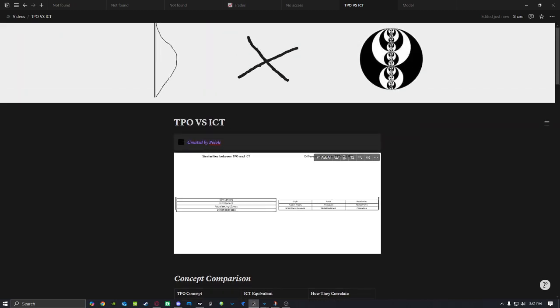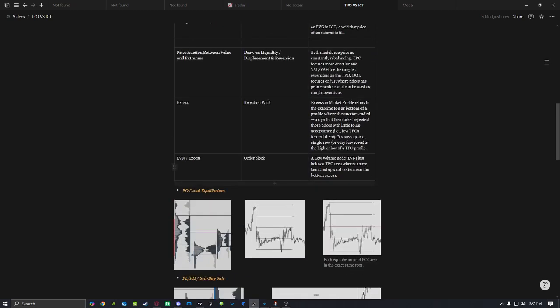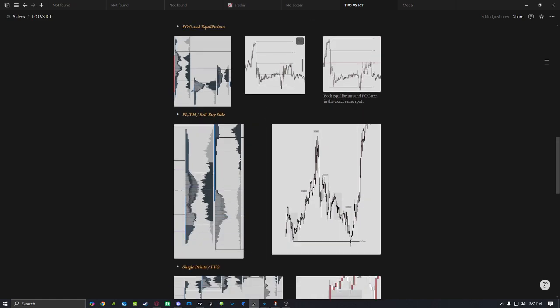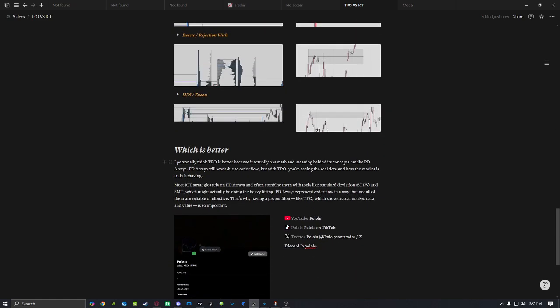So this is very simple ICT, very simple TPO concepts, and this is just the very beginning. Which is better? I personally think TPO is better because it has math and meaning behind its concept. PD arrays still work due to order flow, but with TPO you're seeing the real data and how the market is truly behaving.